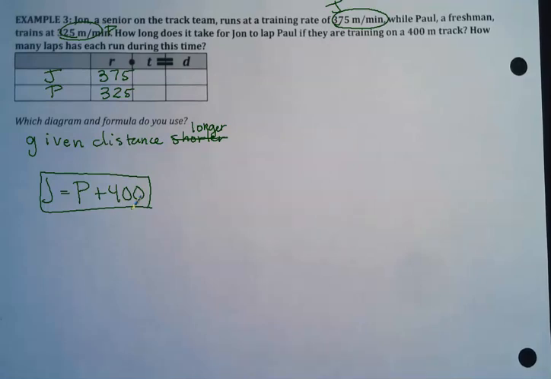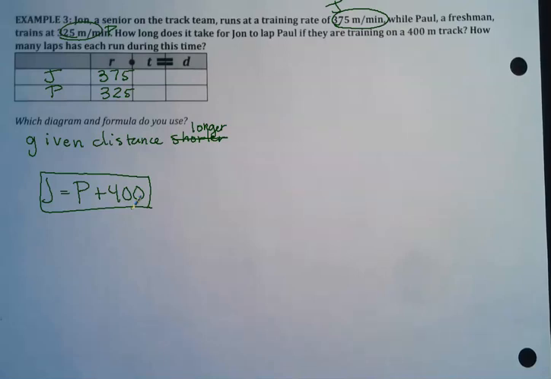So what do we think? Would the 400 go on the outside? Like we did before. But the 400 is not the total distance that both of them traveled.